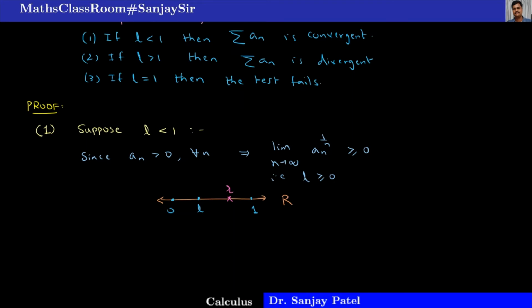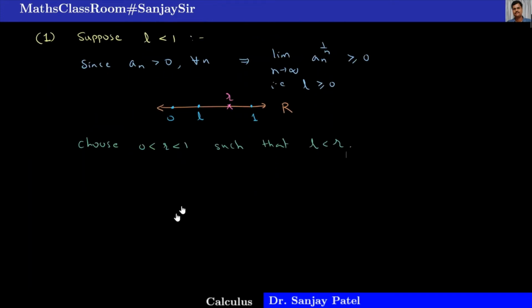Choose 0 less than r less than 1 such that L is less than r. Remember that there are infinitely many real numbers between L and 1. I can choose any number as r between 0 and 1 which is greater than L. So keep in mind that L is less than r.